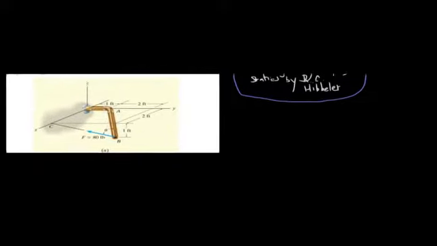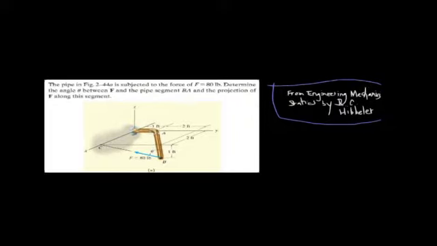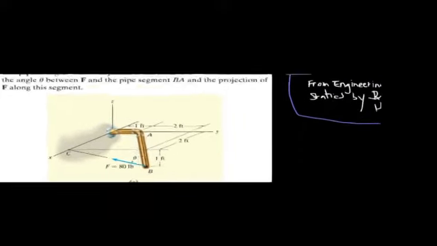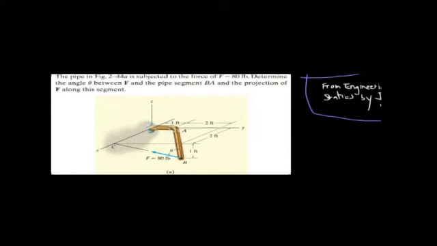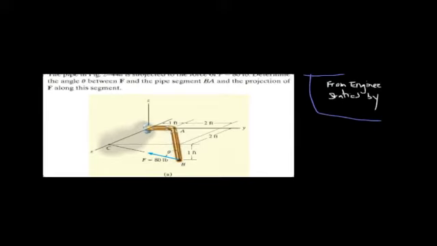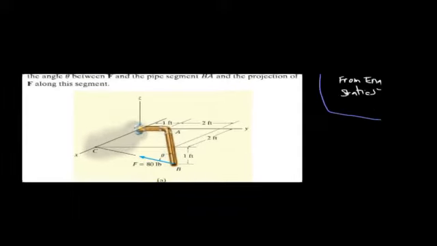So the first thing we should do is to get the vector representation of segment BA, which is this. Let me get my green color. Segment BA.